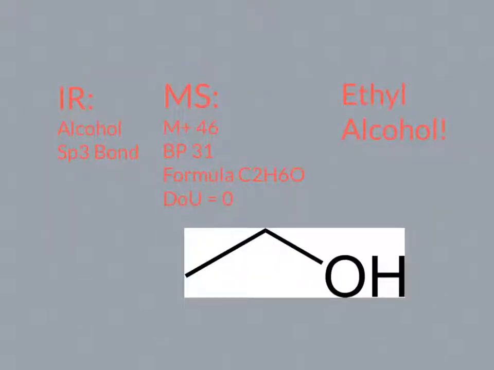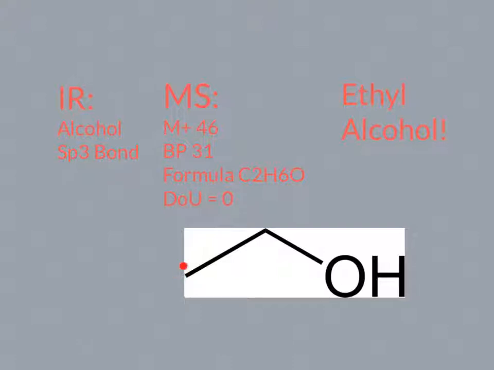As a recap, from our IR spectrometry, we found that we had an alcohol and an sp3 carbon to hydrogen bond. From mass spectrometry, we were able to confirm our formula, knowing how many carbons, hydrogens, and oxygens are in the molecule, as well as a general idea for our structure. So knowing that we have an alkane, no sp2 or sp bonds, or pi bonds, we were able to come to the conclusion that we have an ethyl alcohol molecule.